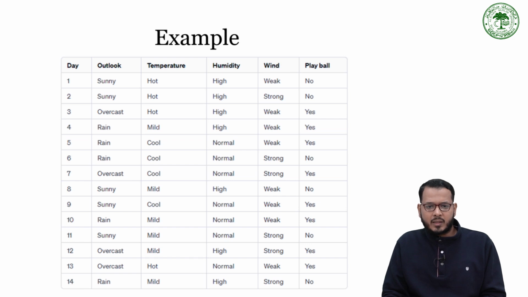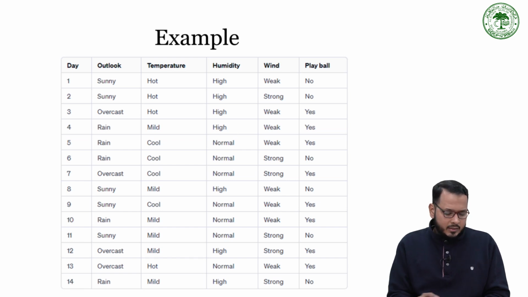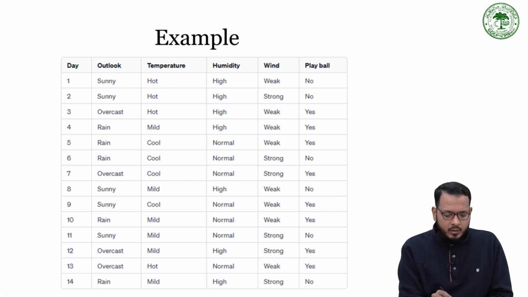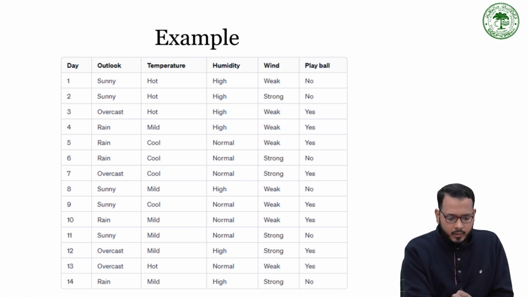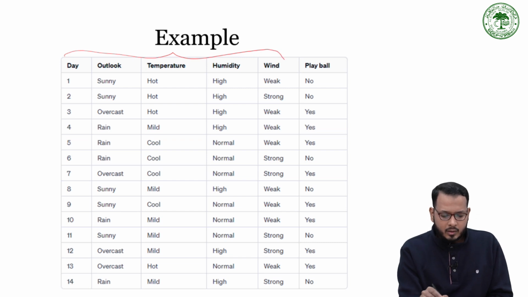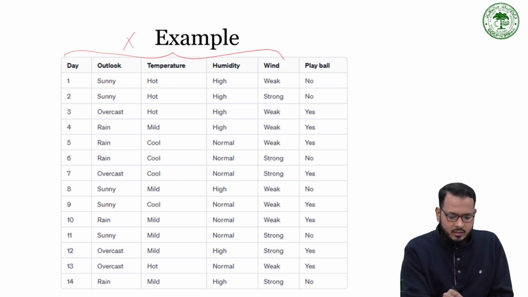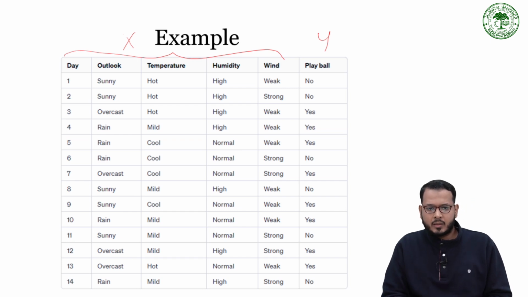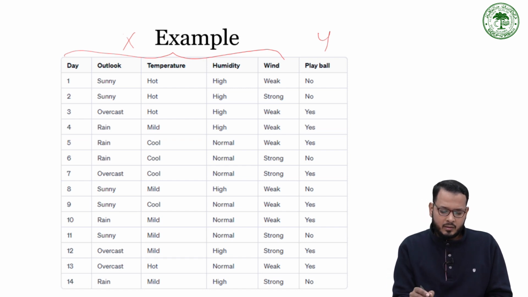Let's take one example. In this case, as you can see, there are 5 columns which we can say as x, and then there is this y column that we want to predict. This example shows that depending upon the conditions on a given day, can we play the ball on that day?